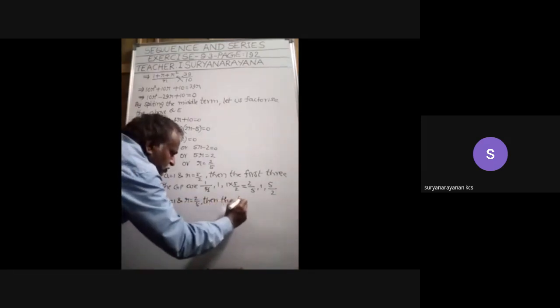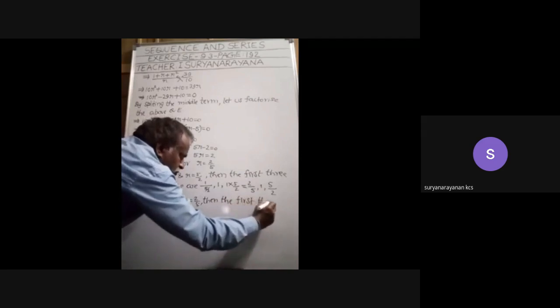Right. Now case 2. Let us take this value. Case 2. If a is equal to 1 and r is equal to 2 by 5, then the first three terms of the geometric progression are a by r, that is 1 by 2 by 5, ar is 1 into 2 by 5.